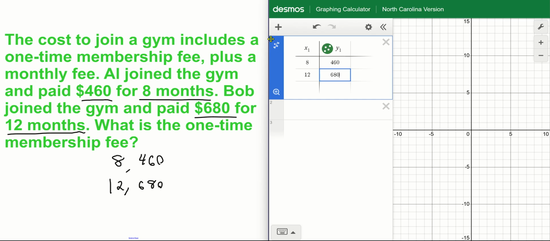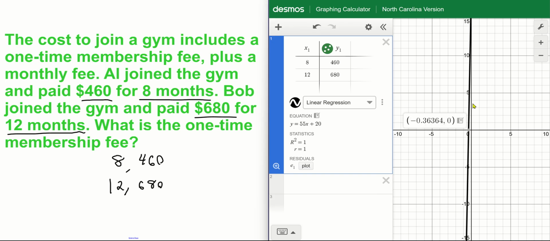Once I have the 2 ordered pairs in, right here by the number 1, you see there's some dots with a line through the middle, and when I hover over it, it says add regression. That's what we want to click. When we click that, it graphs a line for us, but it also gives us the equation right here.